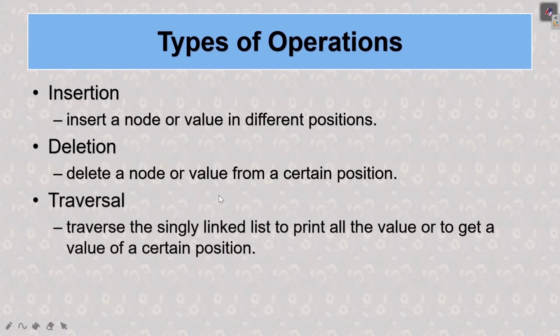Then we can traverse the singly linked list. If we have to print all the values of the singly linked list, we have to traverse the whole linked list, right? And also, if we want to get a value of a certain position, we have to traverse, right?